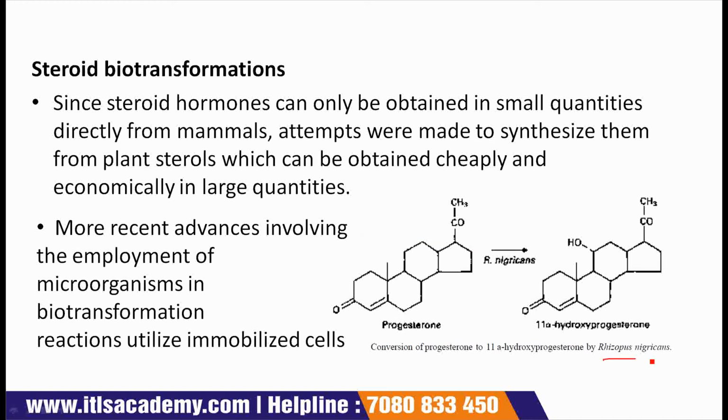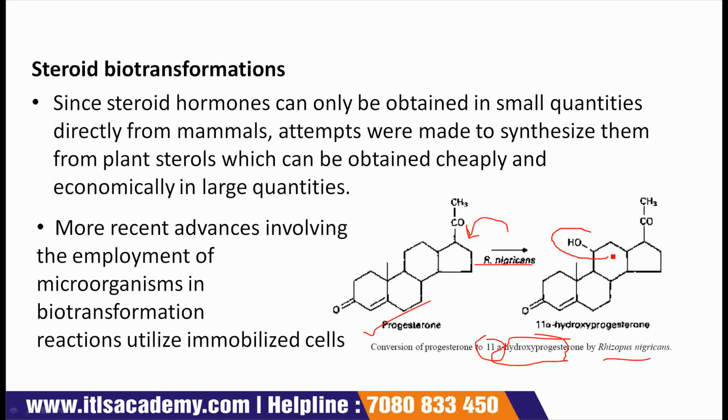When Rhizopus nigricans acts on this progesterone, it converts it to 11 alpha hydroxyprogesterone. The work of Rhizopus nigricans is to hydroxylate progesterone at the 11th position.